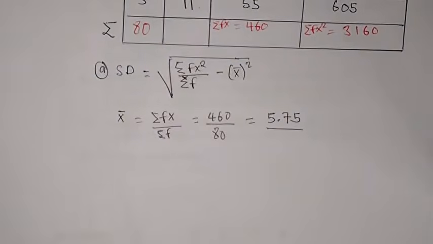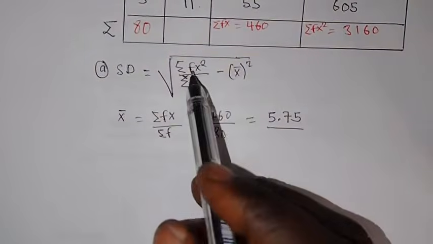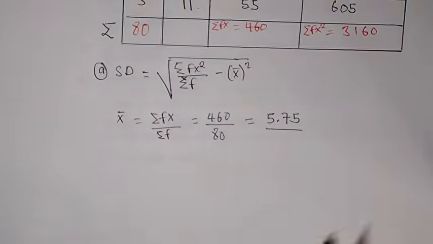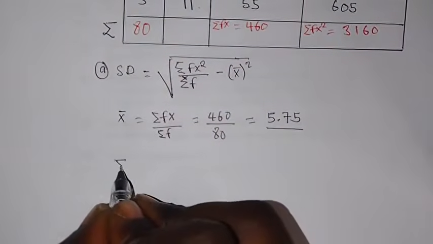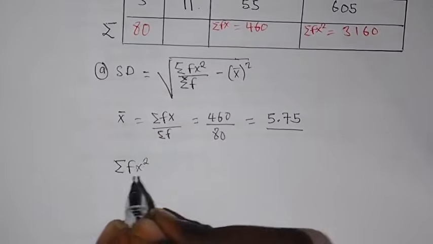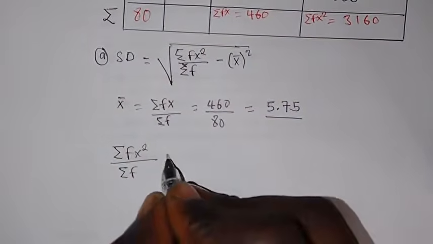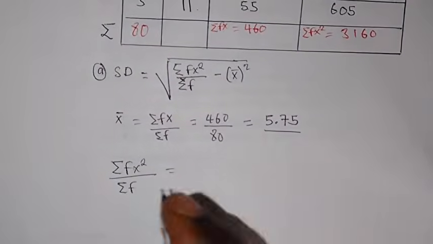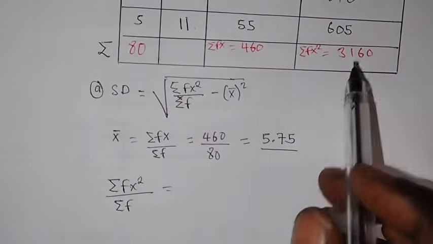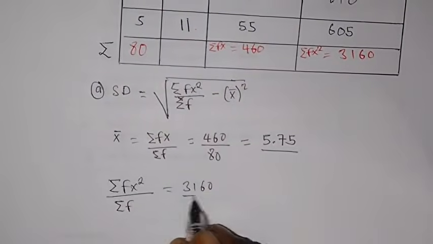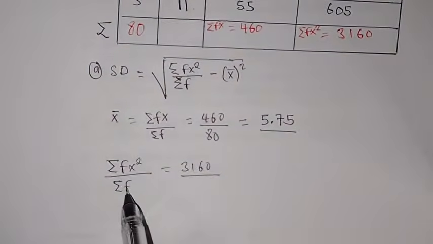Let us now find the summation of fx squared over summation of f. So this is what we are finding now. Summation of fx squared divided by the summation of f equal to, so what is the summation of fx squared? This is the summation right here, which is 3160, divided by the summation of f.